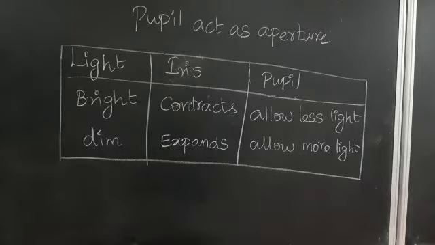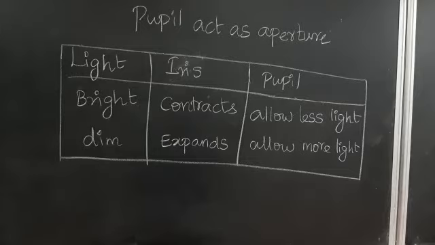Assume that you are in peak summer, traveling in the hot sunlight, and then you enter the cinema theater. When you go inside, you are not able to see any object inside the theater because your focal length has to vary, right?